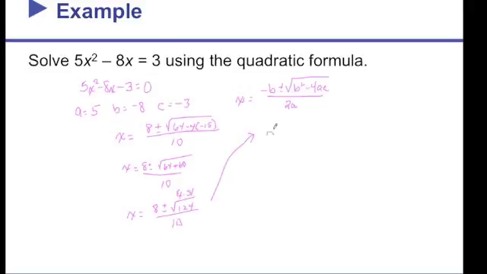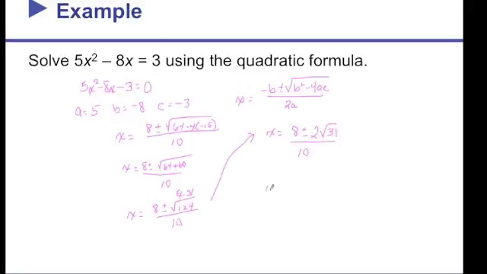So we now have x equals 8 plus or minus the square root of 4, which is 2, times the square root of 31, all over 10. Now you might notice we have three terms, 8, 2, and 10. They are all even numbers.